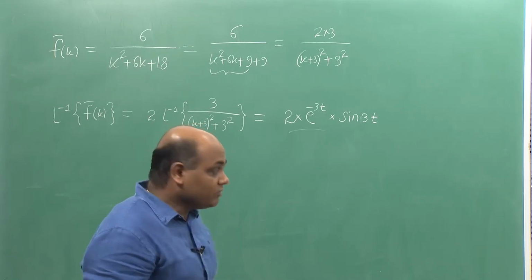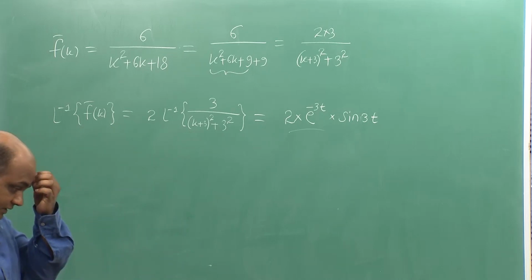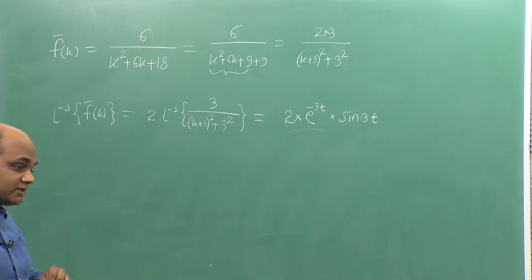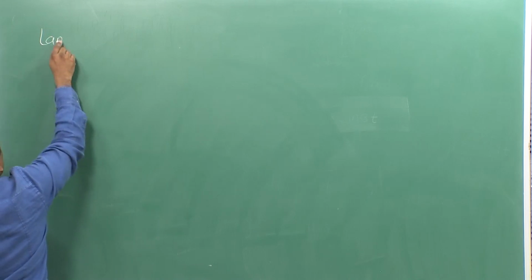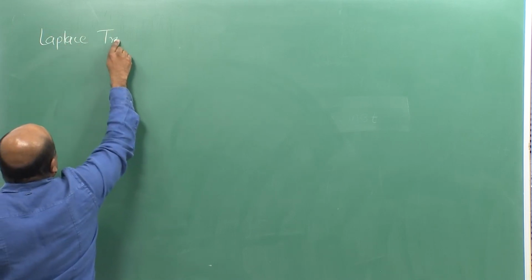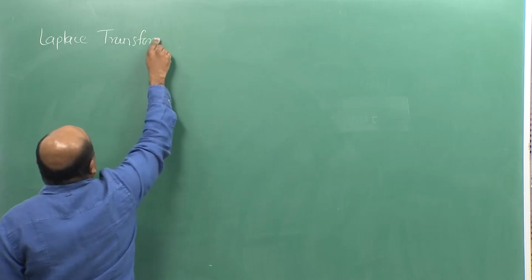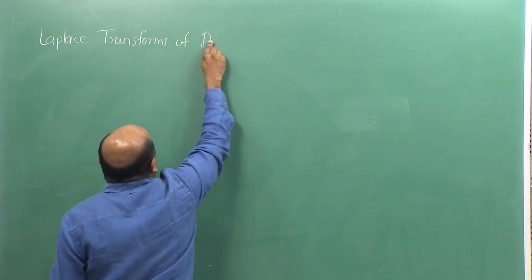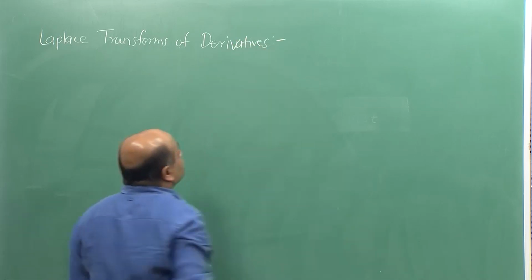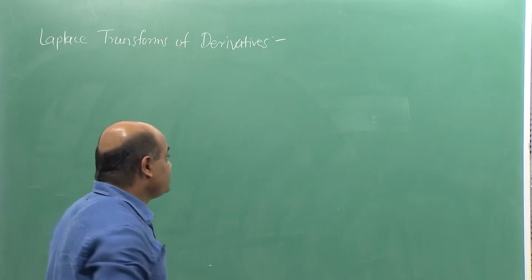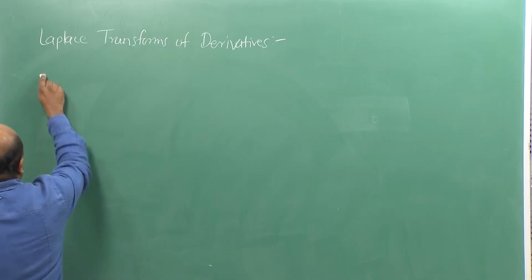Okay. So, now we will be solving differential equations with this. So, we are also interested in Laplace and inverse Laplace of derivatives. Okay. So, let us look at the properties of Laplace transform of derivatives. There are two formulas.